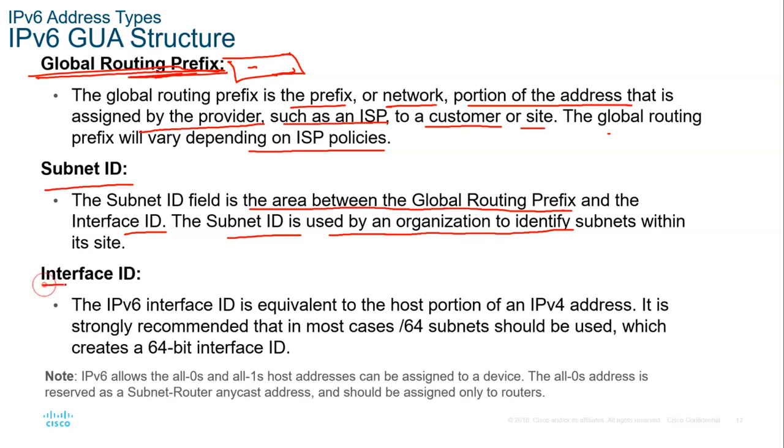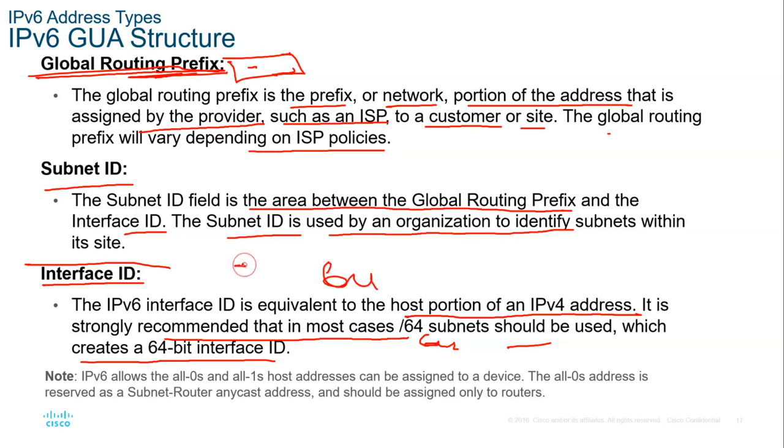And then we have interface ID. The interface ID is equivalent to the host portion in an IPv4 address. It is strongly recommended that in most cases a /64 subnet should be used, which creates a 64-bit interface ID. So the 64 indicates, in other words, we have 64 for both.